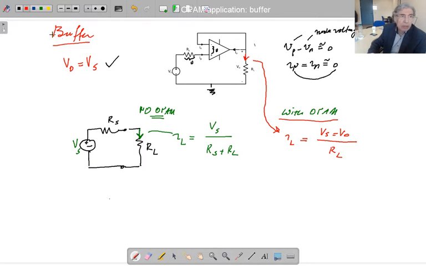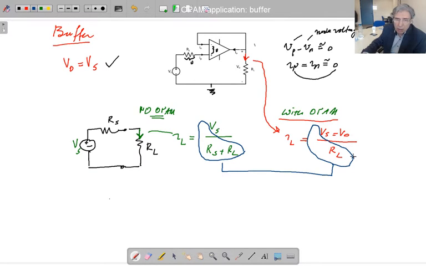Now let's compare those two currents. Vs is the same, so the coefficient is this, and the coefficient in here is this. So this is RL plus something, this is only RL. So this is bigger, then this ratio is smaller.